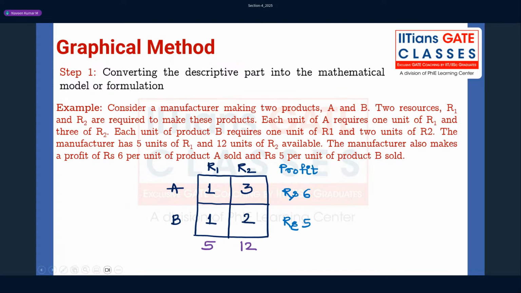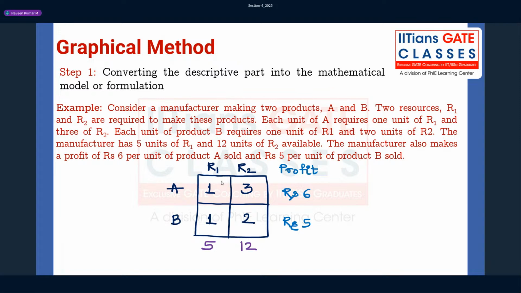You can see in the question, this is the profit for A and this is the profit for B. Now what you have to do is find out how many A's and how many B's you have to produce, given the resources, so that you maximize your total profit.